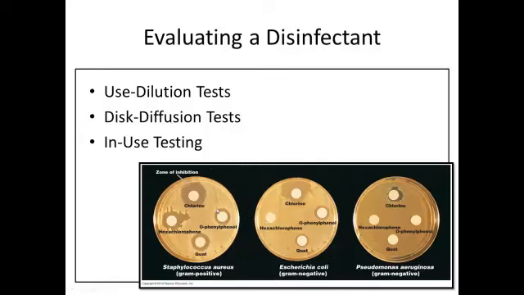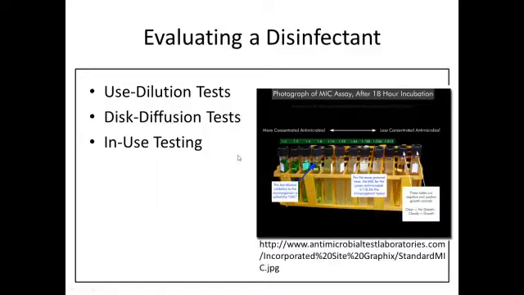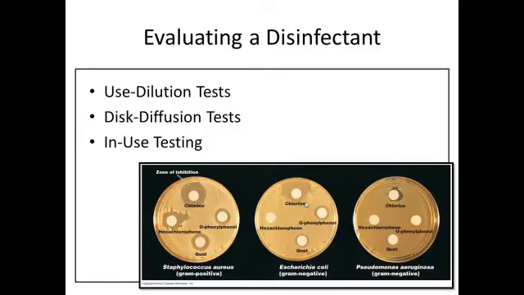Then after incubation we see where the organism has been inhibited in its growth. It's kind of like the use dilution test that we looked at previously, where we've got inhibition of growth after incubation in tubes, but in this situation we've got it on a solid surface. And once again, we've got the MIC.